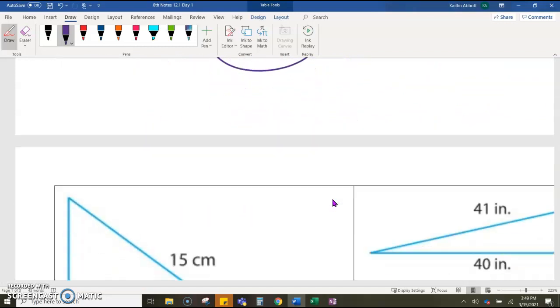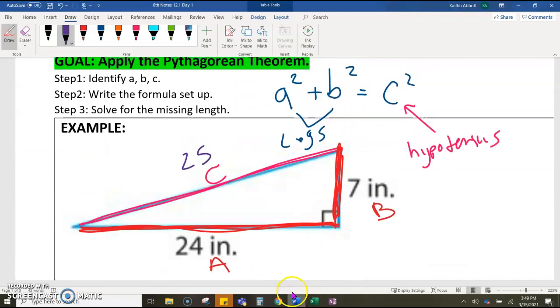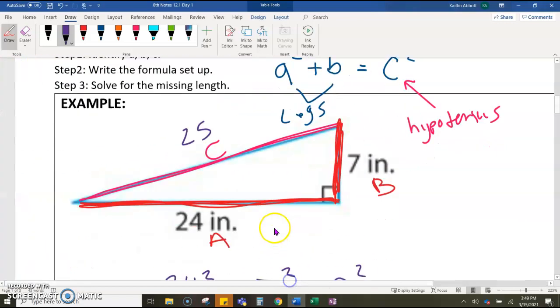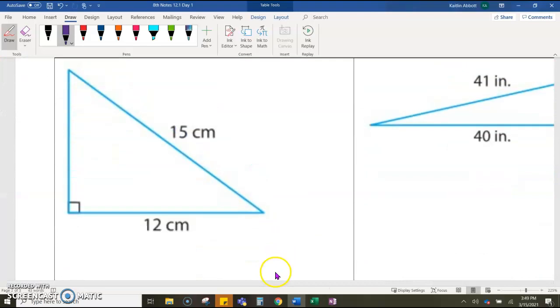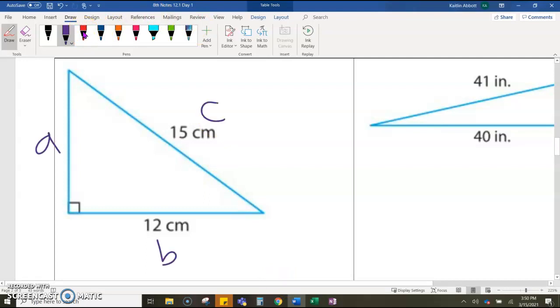Okay, I think we have time to do one more. Okay, we're going to do this one. So this one's a little different because we have the hypotenuse. So remember, the hypotenuse is always the longer side. So let's label these A, B, C. Remember, what's our formula?